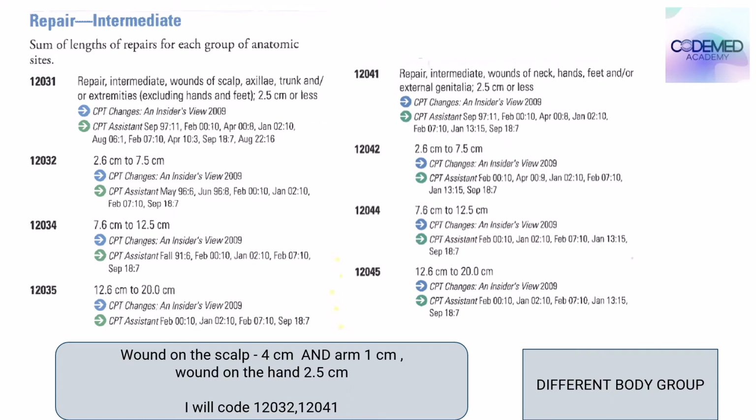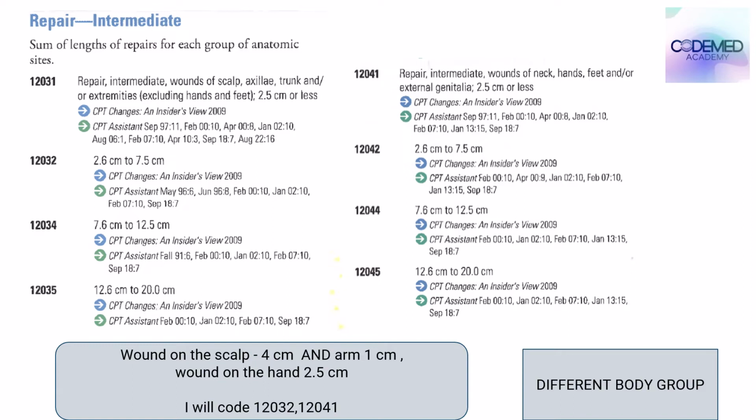So let us take one more example. Here the patient has a wound on the scalp 4 centimeter and arm 1 centimeter, and then there is a wound on the hand 2.5 centimeter, which is closed by the layered closure. Now first of all we need to find out the body group area.